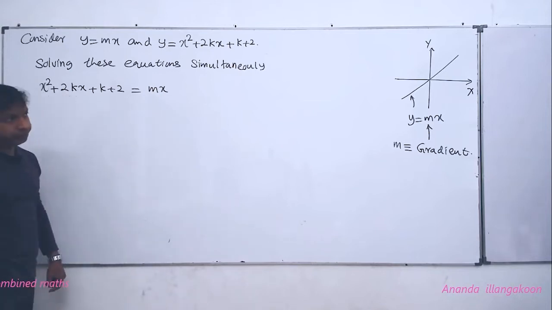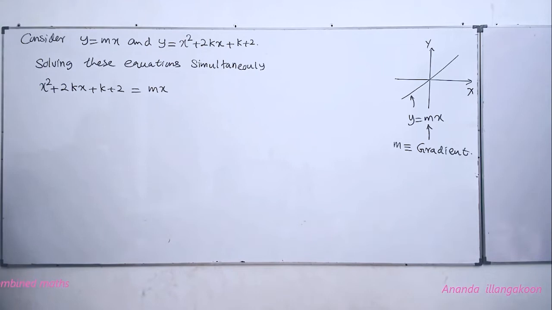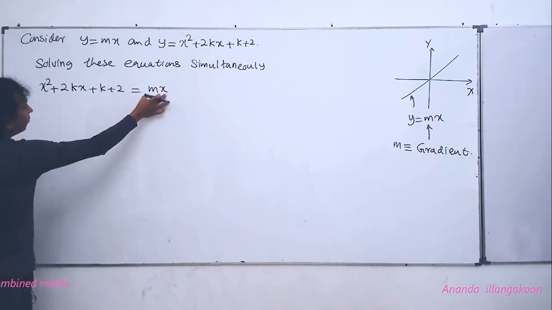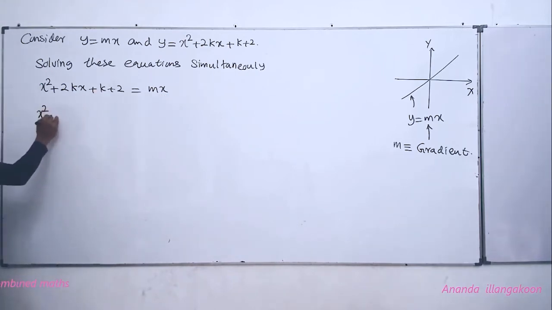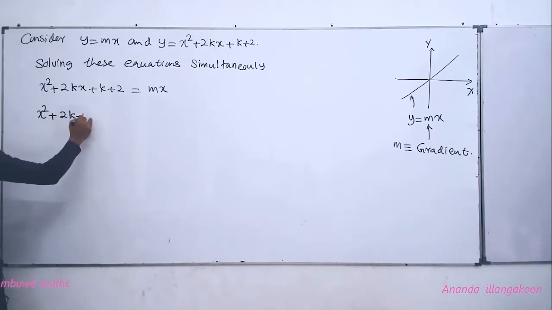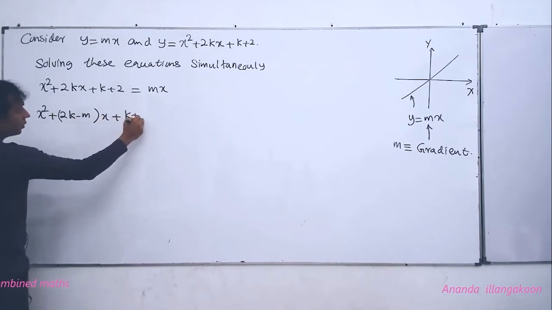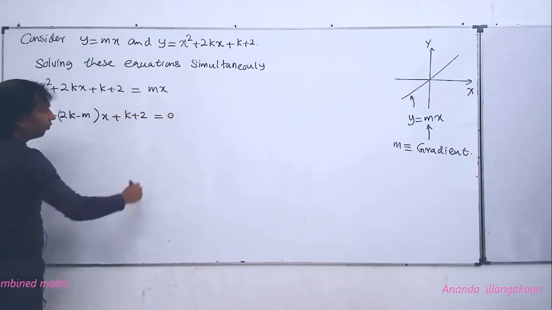Right, now we bring this mx to this side: x squared plus (2k minus m) times x plus k plus 2 equals 0. This way we get it.